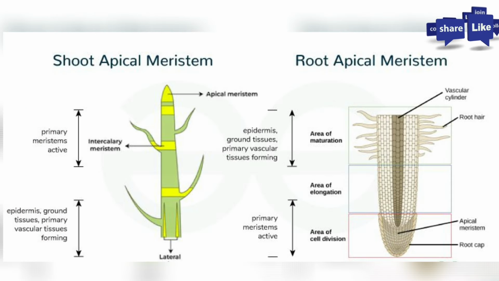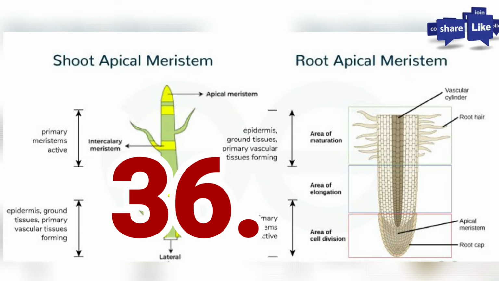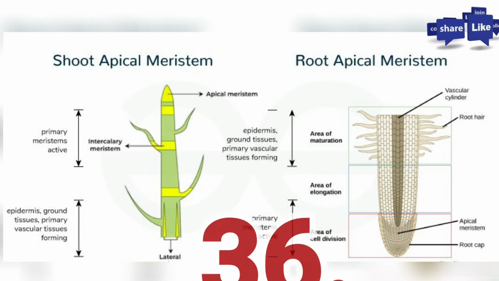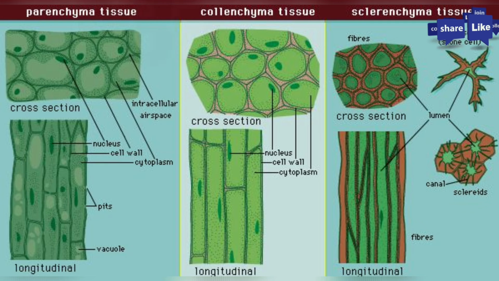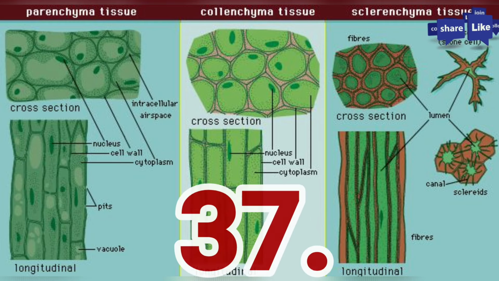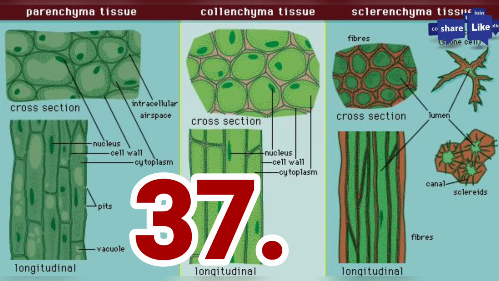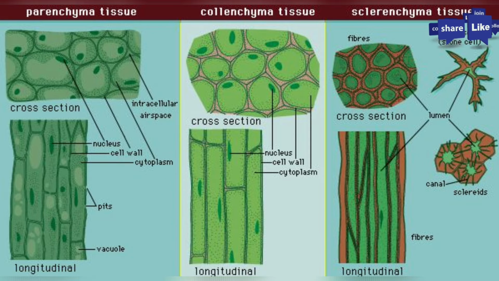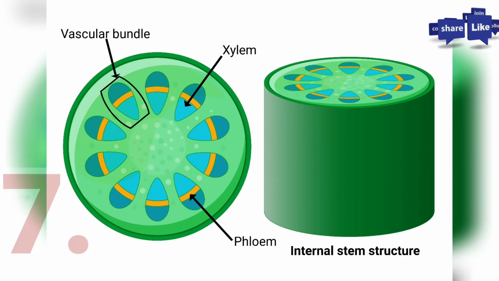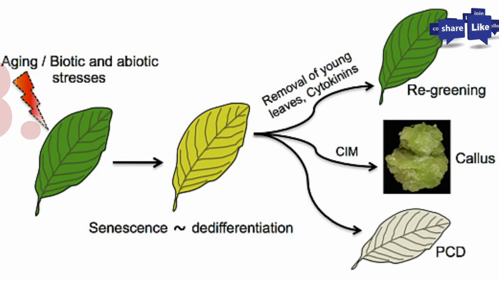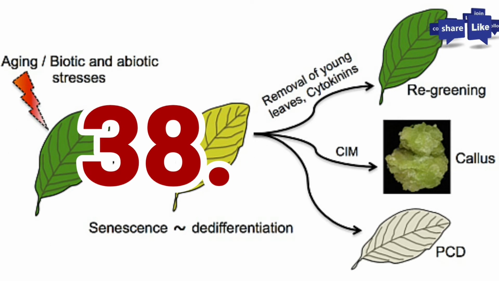At the time of growth, undifferentiated cells are shoot and root apical meristem. Differentiated cells, those that have lost the division ability, are parenchyma, collenchyma, sclerenchyma, primary xylem and phloem. Dedifferentiated cells are those that regain the ability to divide.